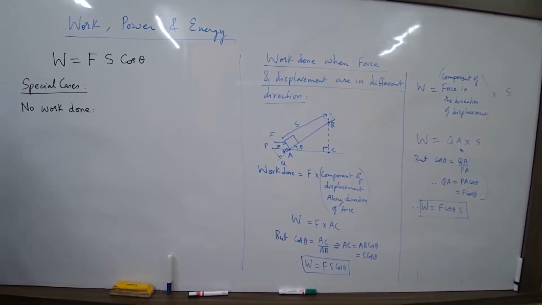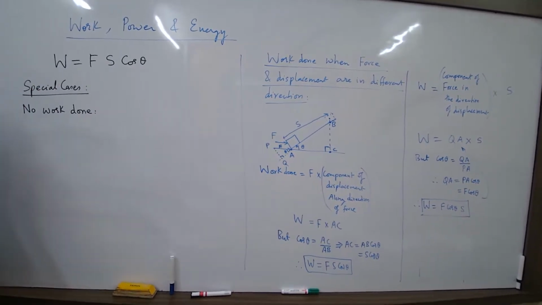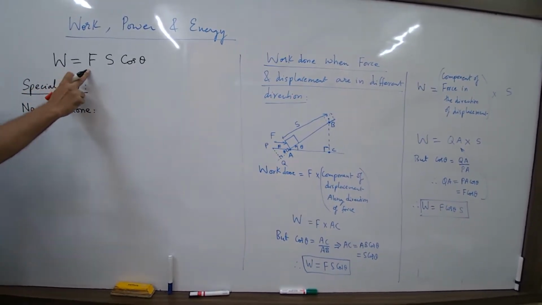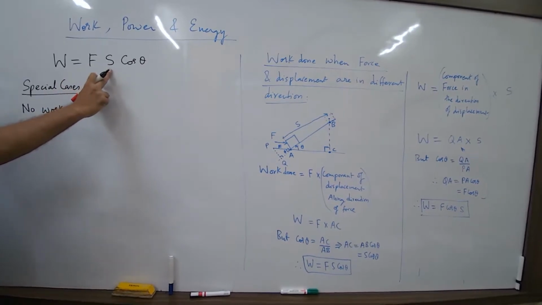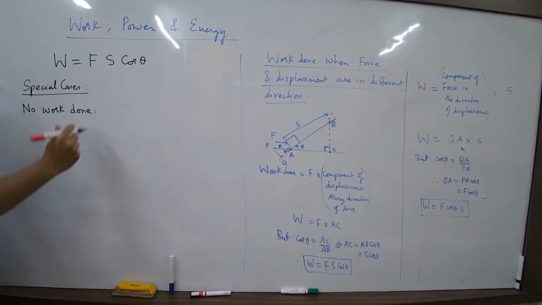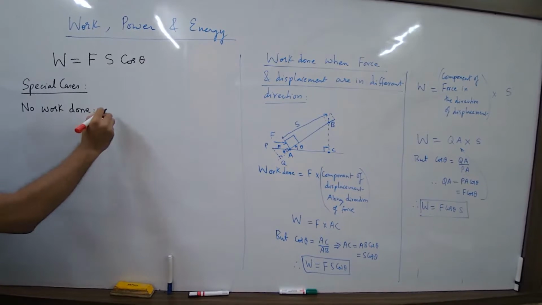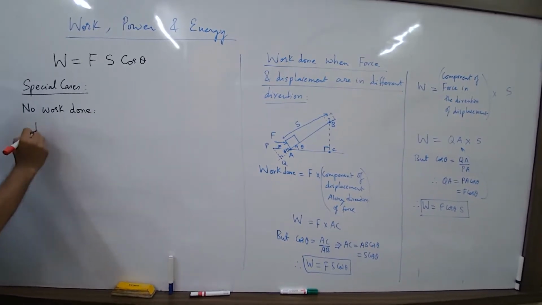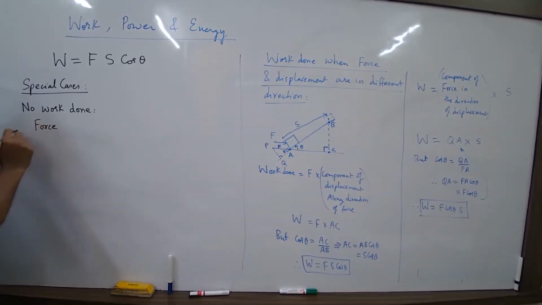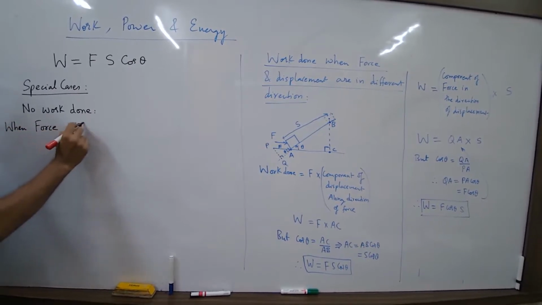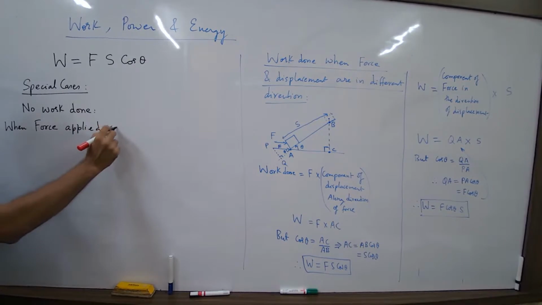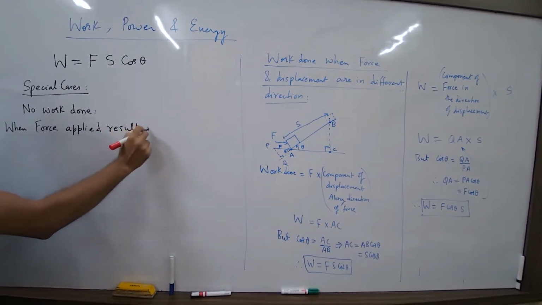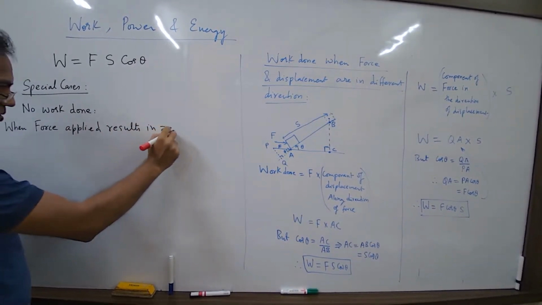So when is no work done? From this formula, when the force is applied but there is no displacement. So no work done is the case when force applied results in zero displacement.